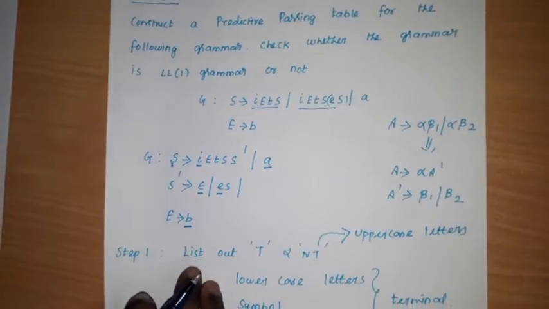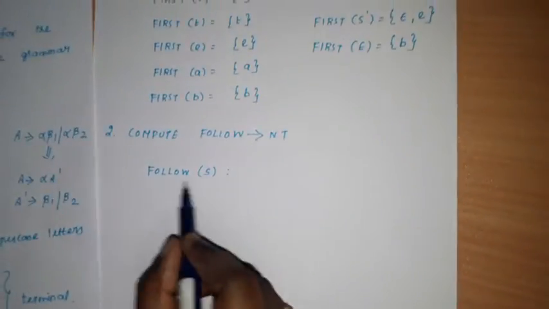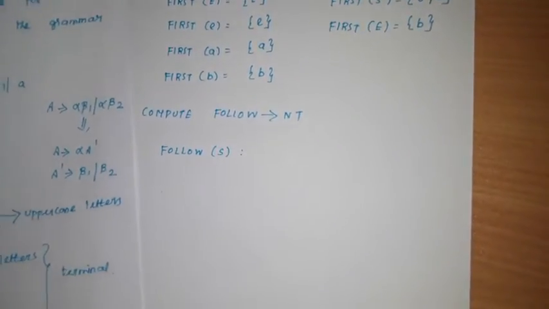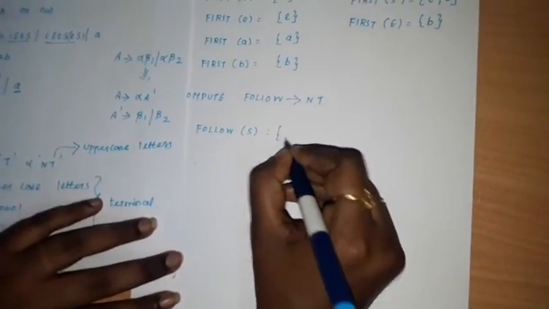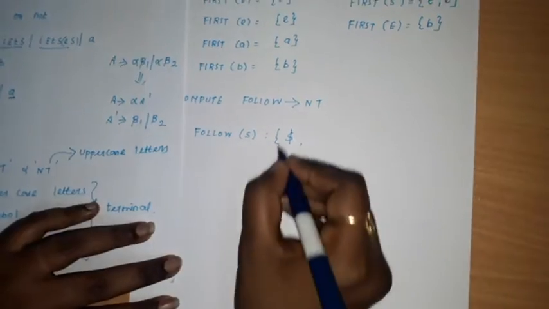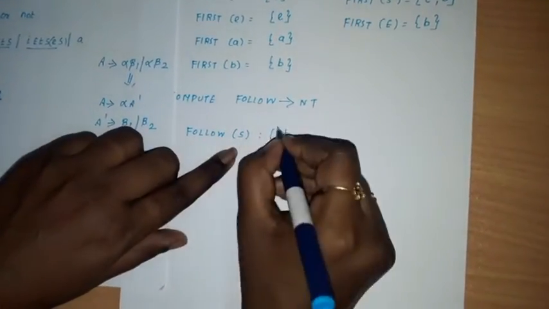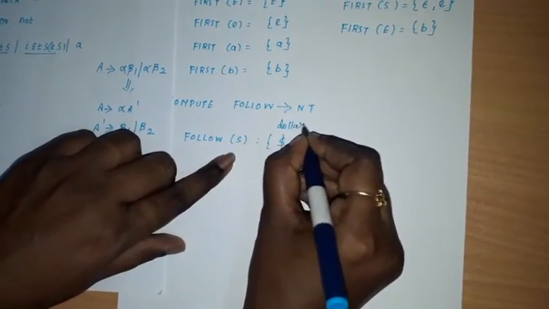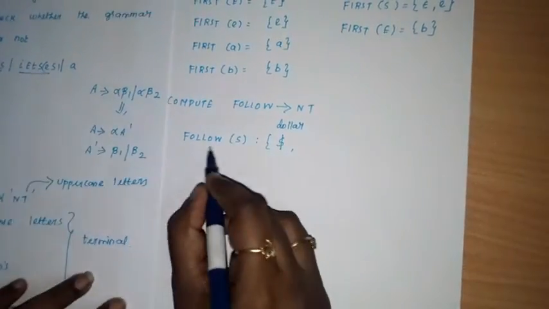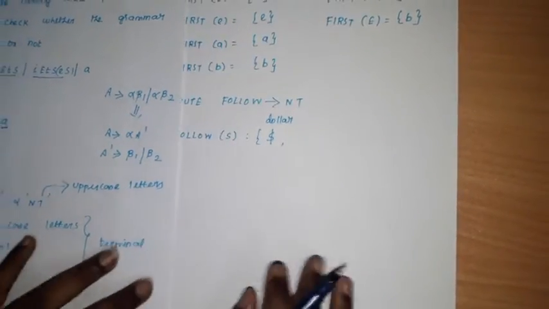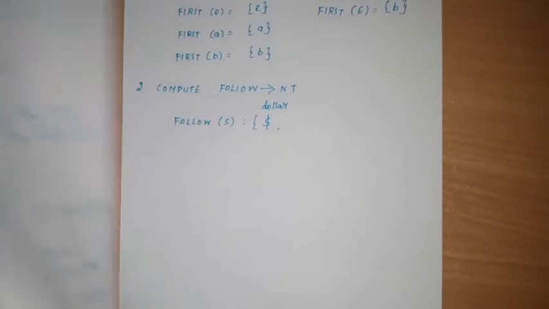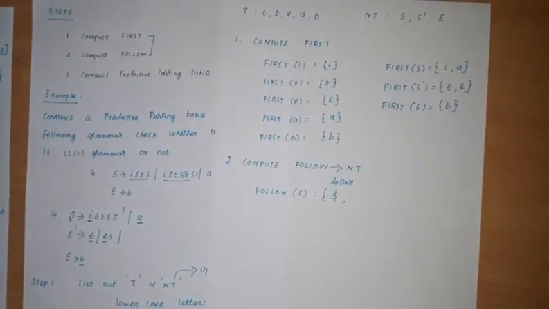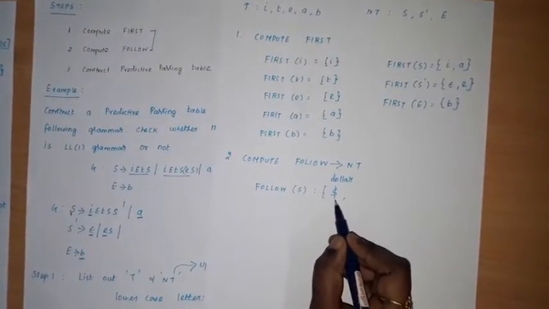So first we have to calculate the follow value for the start symbol. Here S is the start symbol. We always place the dollar symbol in the follow of the start symbol. Place dollar symbol in follow of S. What is the use of dollar?